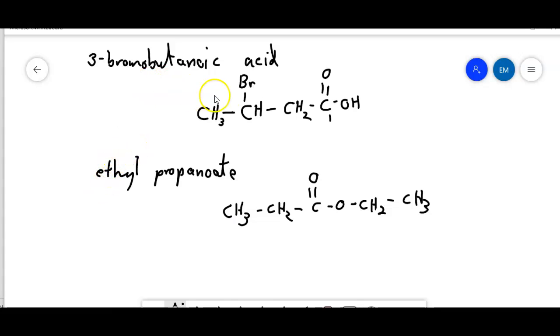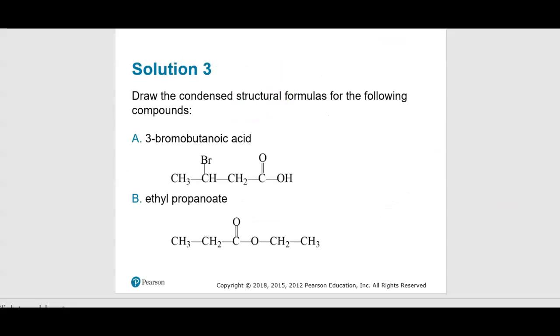Now, let's take a look at the answer. I might have a comment on the 3-bromobutanoic. Okay, that's pretty much what we wrote down. This is the way you want to write it. There's another way of writing this, the bromine here, but you really don't need to know that.